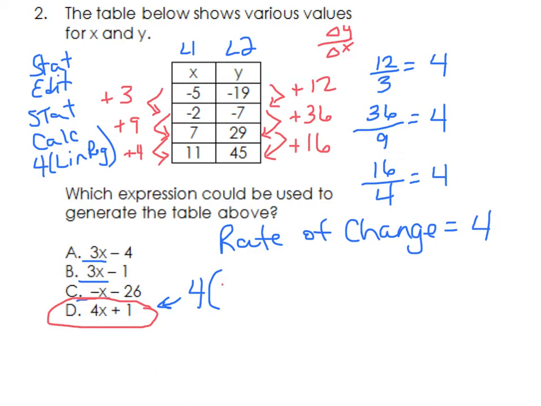So I'm going to plug in 11. So 4 times 11 plus 1. So 4 times 11 is 44 plus 1. That equals 45. So if I look, that's exactly what my piece of data right there said. If I use 11 in this equation, it's going to give me an output of 45, so we know it's correct.